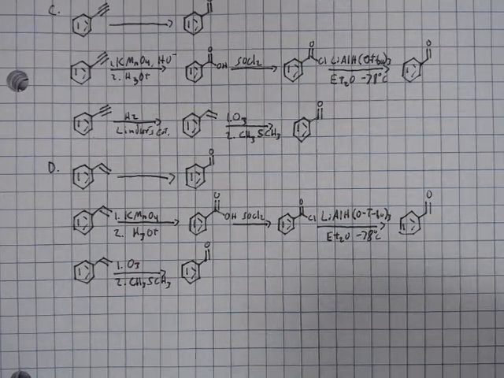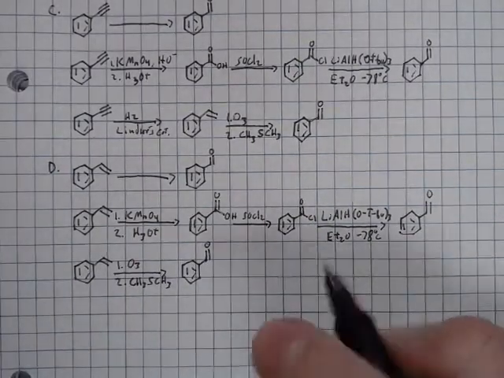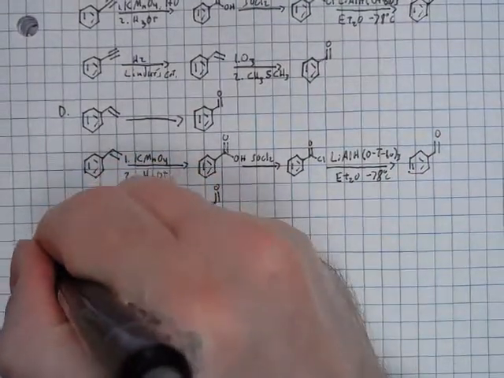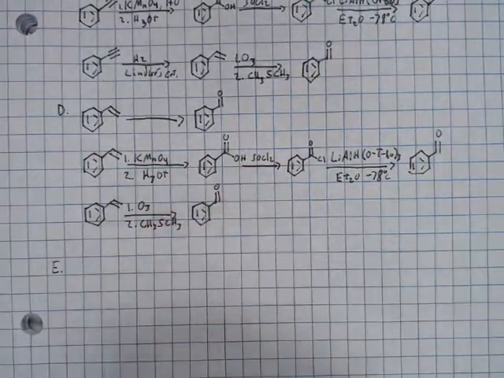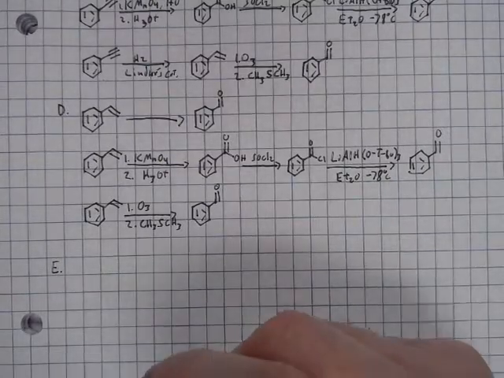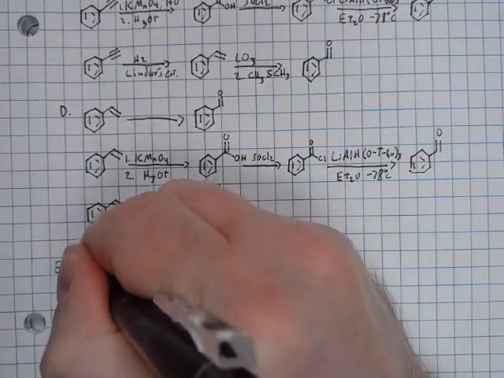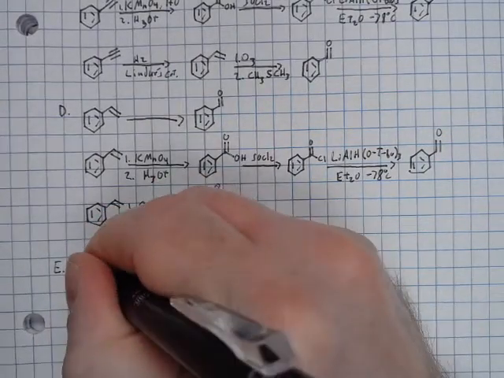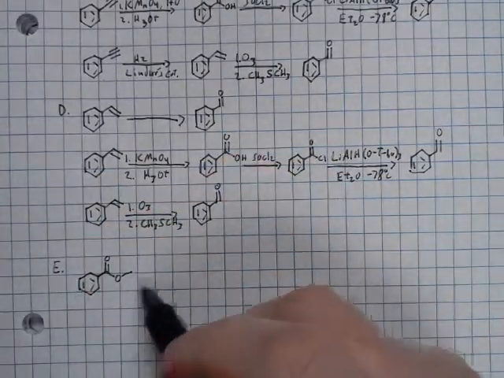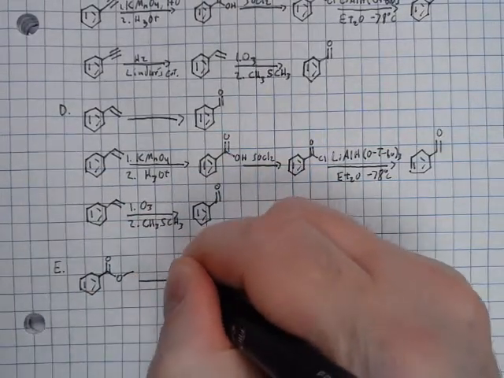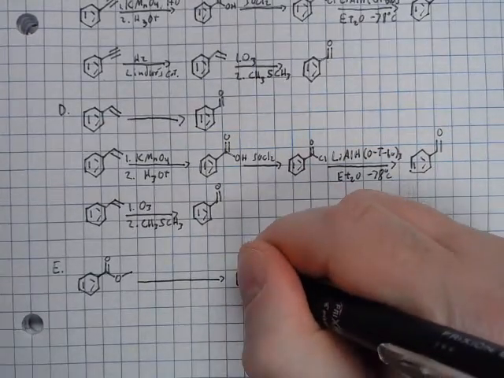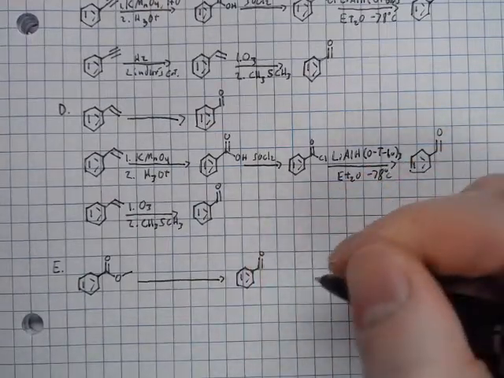So part E, we have an ester, a phenyl methyl ester. We want to convert that to benzaldehyde.